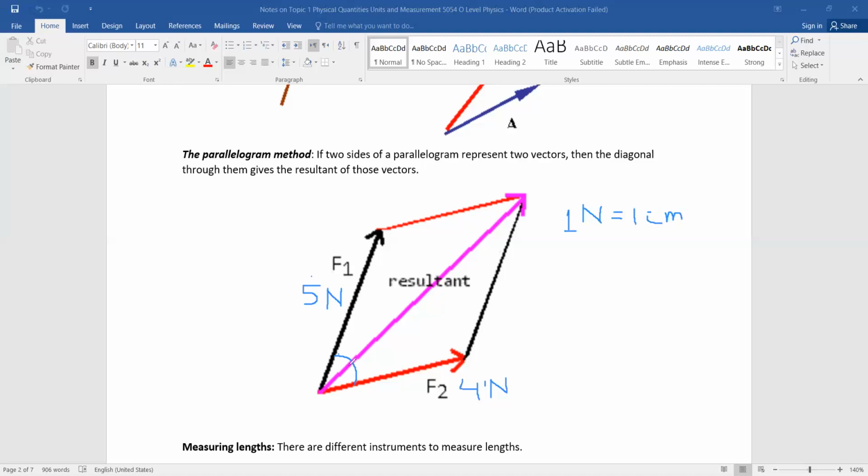Here, after getting these two vectors, what you have to do? You have to complete the parallelogram according to the rule of parallelogram. Can you recall what is called a parallelogram? Can you tell me? Sir, I couldn't hear you from the middle.